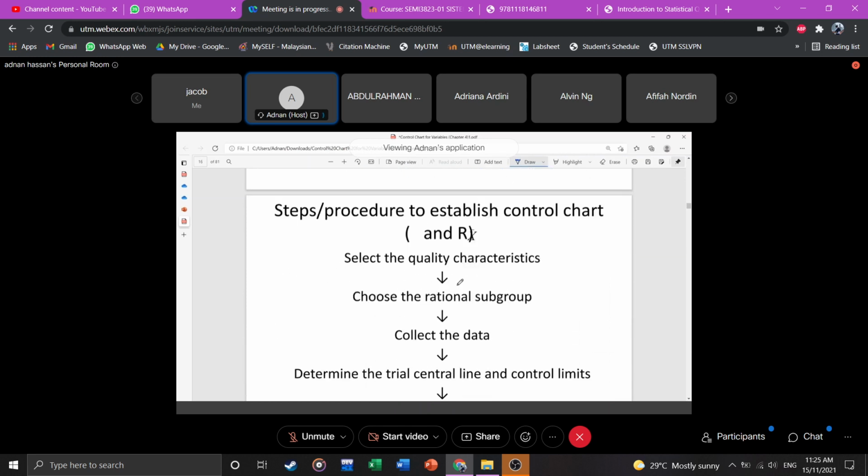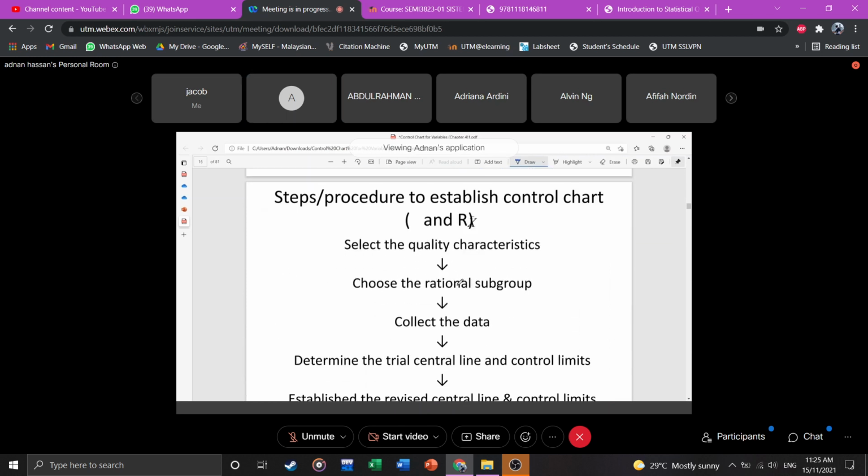How do we prepare a control chart? These are the step procedures to establish a control chart. First, you need to decide what quality characteristics to monitor. This could be thickness, the strength of a particular piece, chemical properties, or material properties.